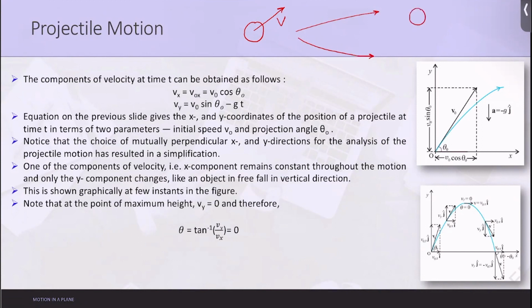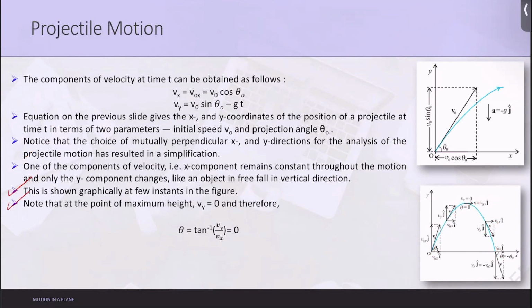In one, we assume this is the same ball with a velocity vx in this direction, and in the other, the same ball with the velocity vy in this direction, and try to understand the complete process. This is shown graphically at a few instants in the figure. That is how a projectile motion is drawn. At every time the velocity v keeps on changing, first going in this fashion and then up.